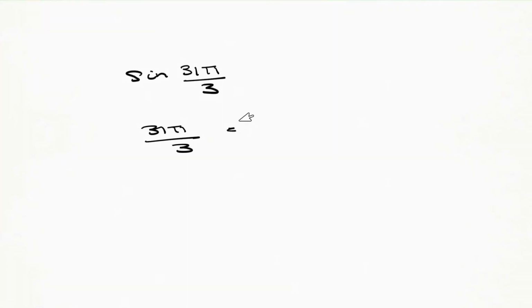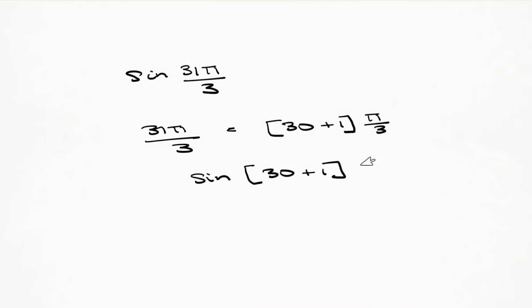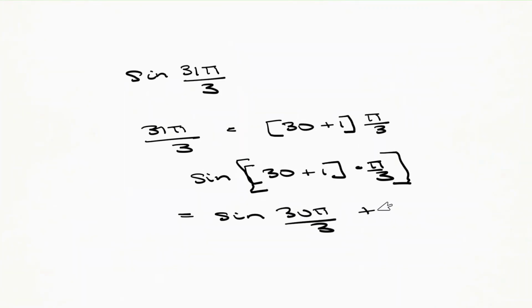This can really be written as 30 plus 1, because that's 31, times pi on 3, right? And if we take it as that, we've got sine of (30 plus 1) times pi on 3. Now that's really the same as sine of 30 pi on 3 plus pi on 3.